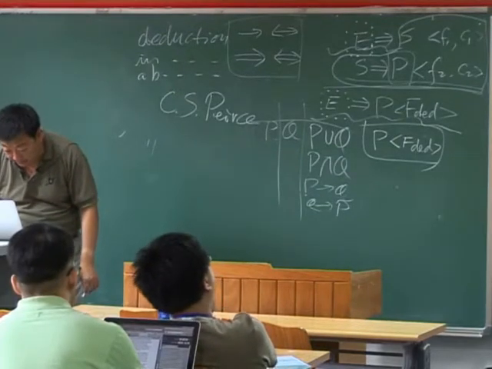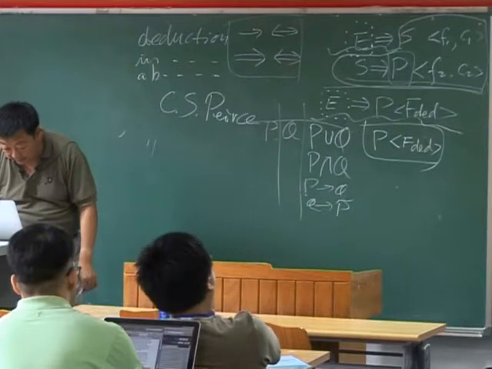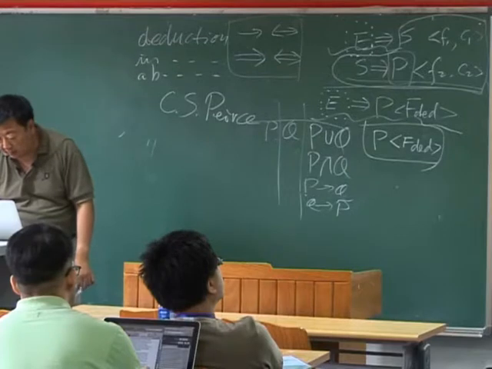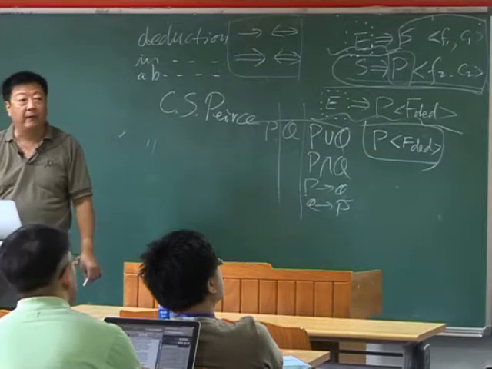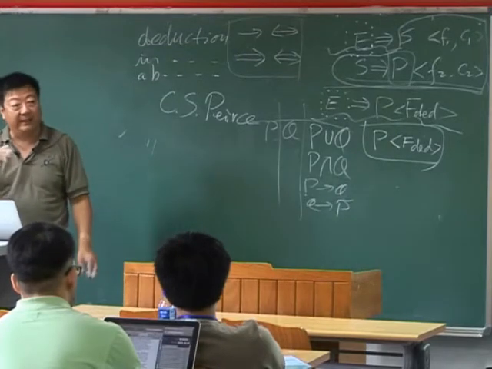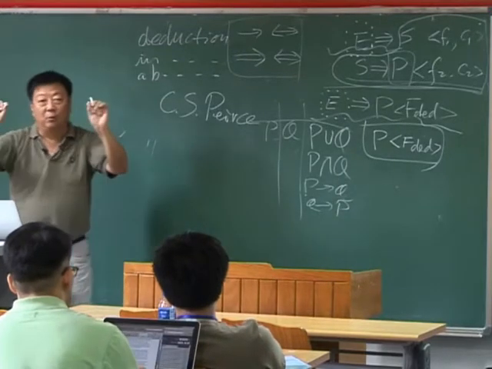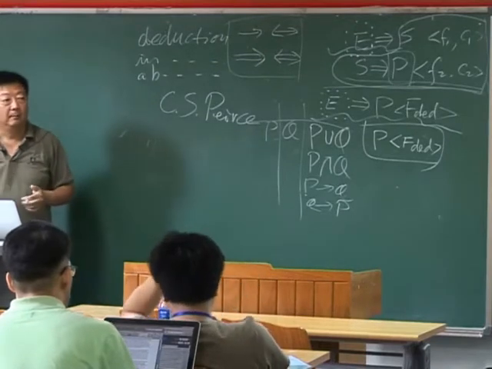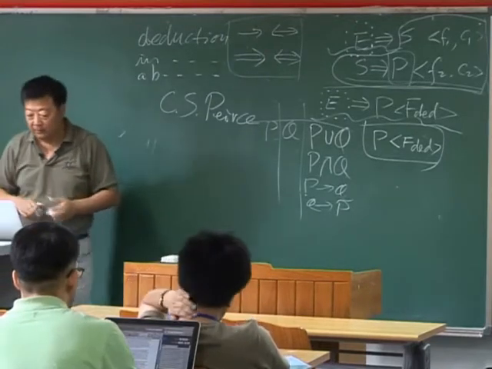For example, this is deduction, this is abduction, this is induction. Again, this is deduction, this is abduction, this is induction. All of them can be derived from the previous rules by taking one more complicated statement as a single letter mentioned in the previous rules.